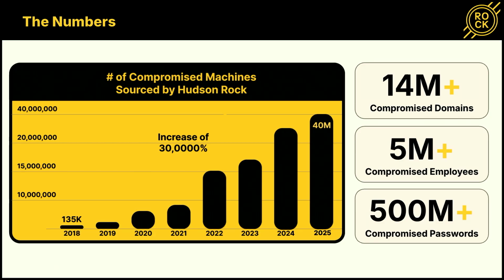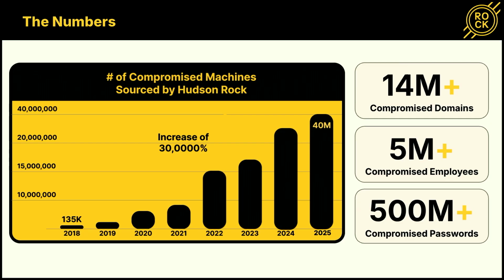And the difference this year is in the scale. Back in 2018, we were aware of approximately 135,000 infections per year. Today, this is the number that we see per one week. And basically, threat actors managed to infect slightly below 40 million compromised computers. But this is only the beginning, because one computer does not contain only one password.